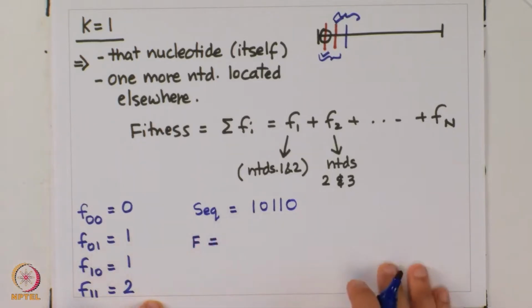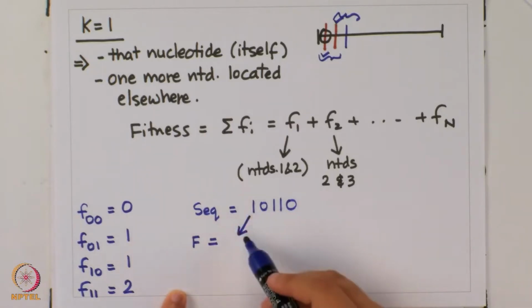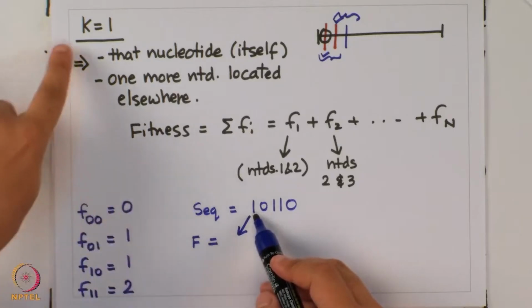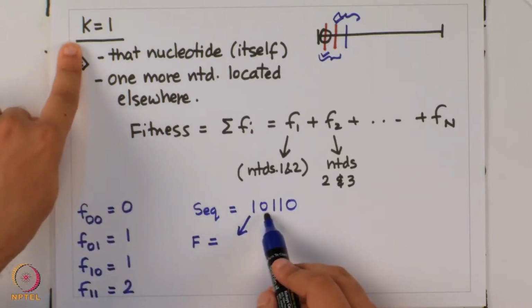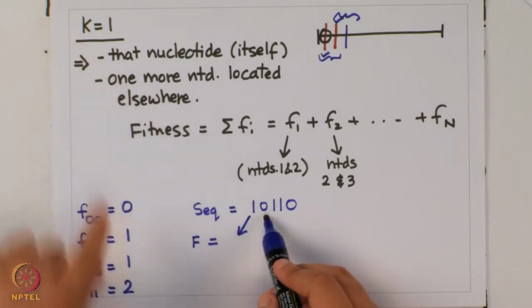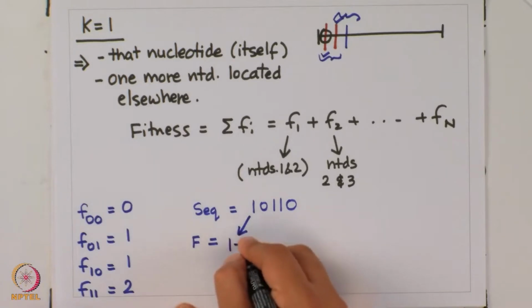can be defined as follows. When I look at the fitness contribution of this first nucleotide 1, that's not solely decided by itself because k is equal to 1. That's decided by this 1 and the neighboring nucleotide, 1 0, and the contribution of 1 0 is equal to 1.